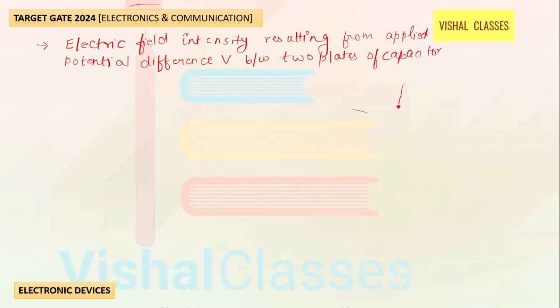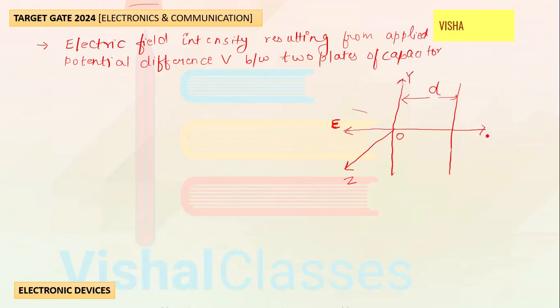Here I am considering two plates of a capacitor, and the distance between the plates is D. This is the Z direction, this is the origin point, Y direction, X direction.